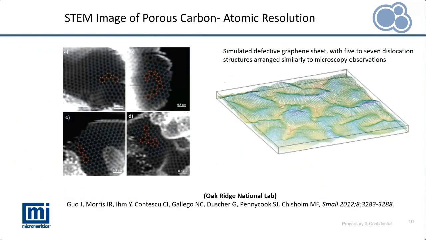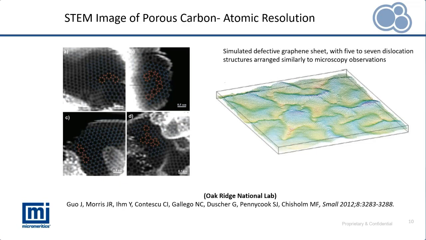An important step in understanding the structure of nanoporous carbons was made by scientists from Oak Ridge National Lab. They reported atomic resolution images of carbon material taken in different places of the carbon sample.